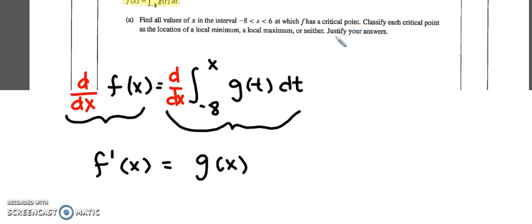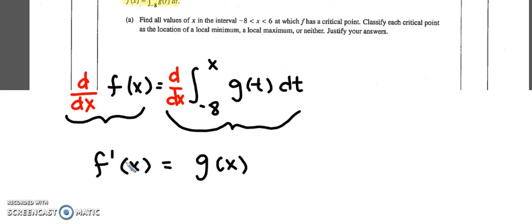So to find where f has critical points, you have to ask yourself, where is f prime of x equal to 0? Or in other words, when you're looking for the critical points of f, you have to first set the derivative of f equal to 0.